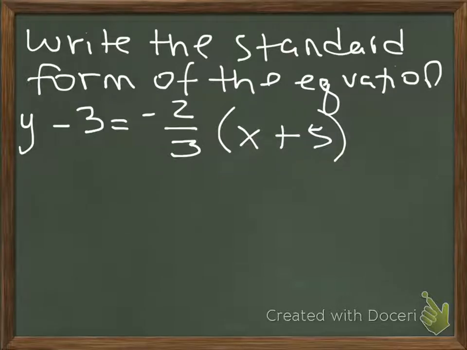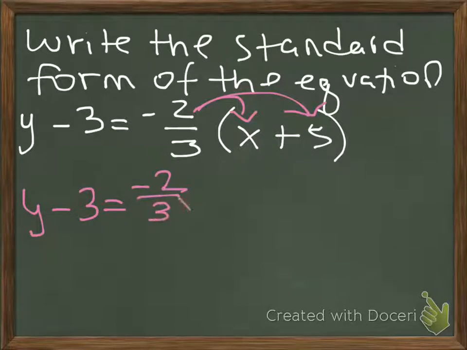Next, we need to write the standard form of the equation. So we're going to take this and simplify it. And as we're simplifying, it's going to turn into standard form. So first thing we need to do to simplify is distribute. We get negative 2/3 times x, or negative 2/3 x, plus negative 2/3 times 5.